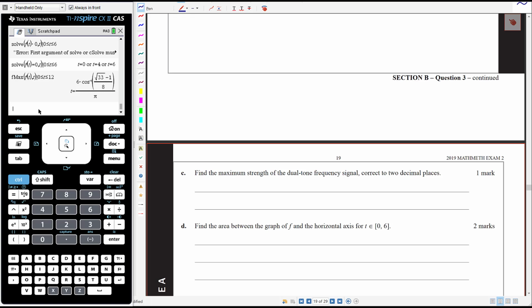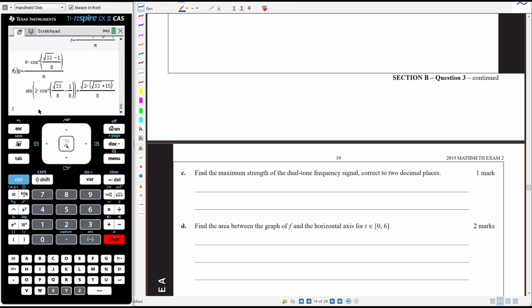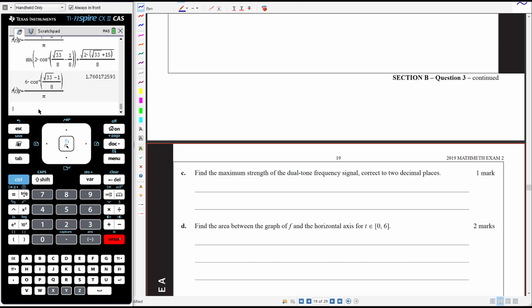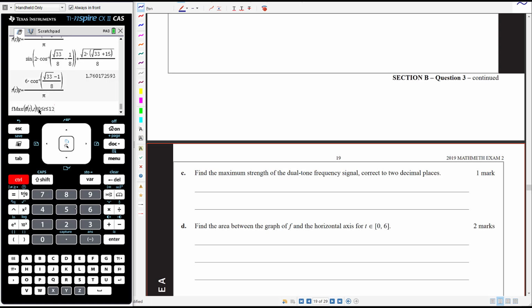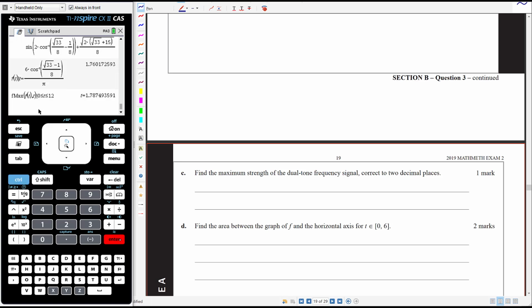Okay, so then we actually want to work out the maximum strength. This is a 1 mark question. So f of t, given that t is this. Control enter, sorry. Okay, so the maximum strength. Let me just do this one to 2 decimal places as well.